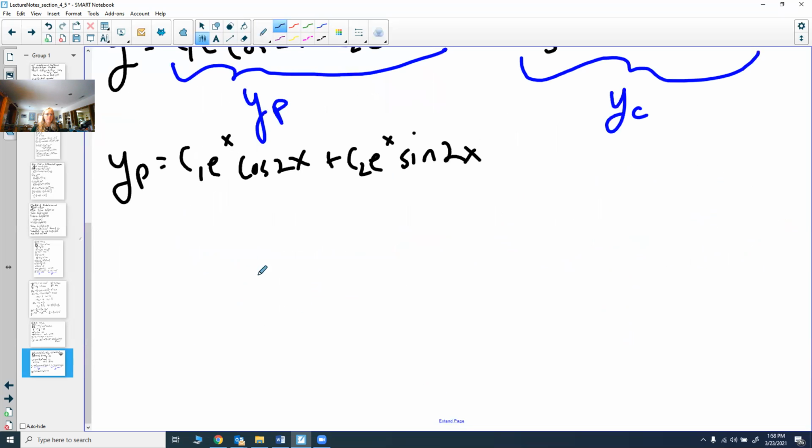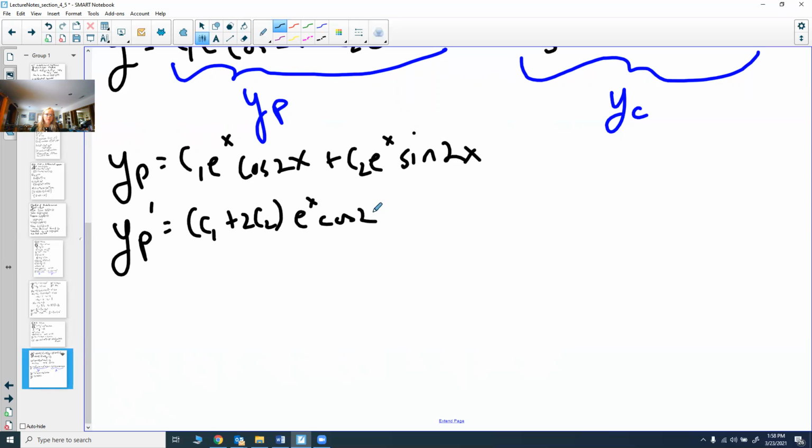So that means that we can, in fact, plug it in to find out what those constants are. So you'd find y sub p prime, which is not the nicest of things, but it turns out it's not too bad. That would be (c1 plus 2c2) e to the x cosine of 2x plus (c2 minus 2c1) e to the x sine of 2x.